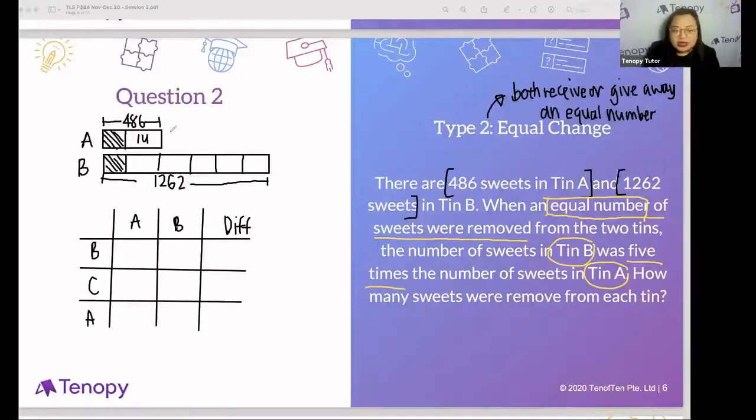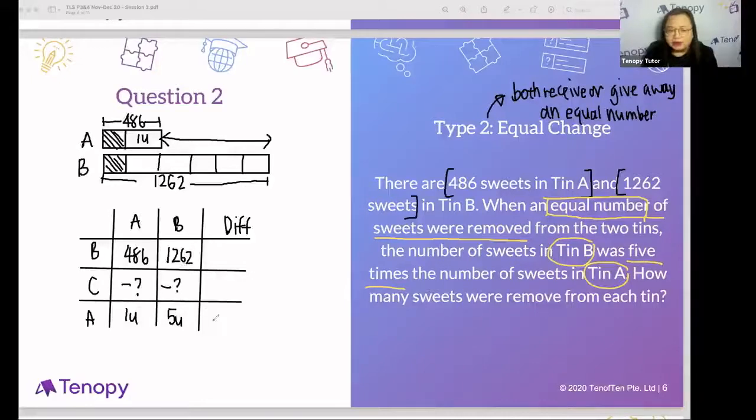So you do notice that this is the difference, and that tells you the difference is equivalent to 4 units. Or we can also do that in the BCA table: 486 for A, 1,262 for B. Both take away a portion, which I don't know how many. B became 5 units, A is 1 unit.